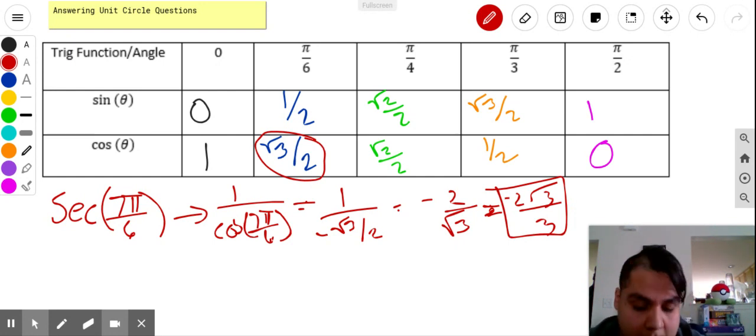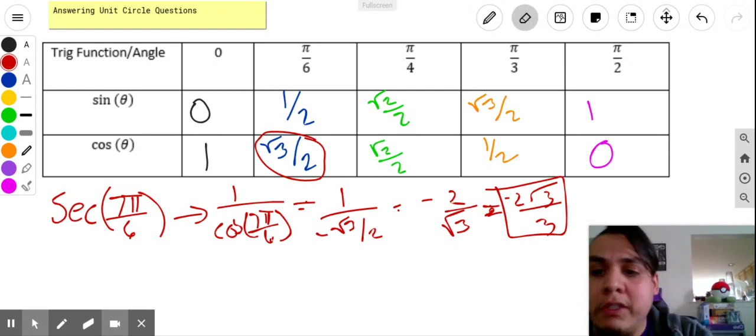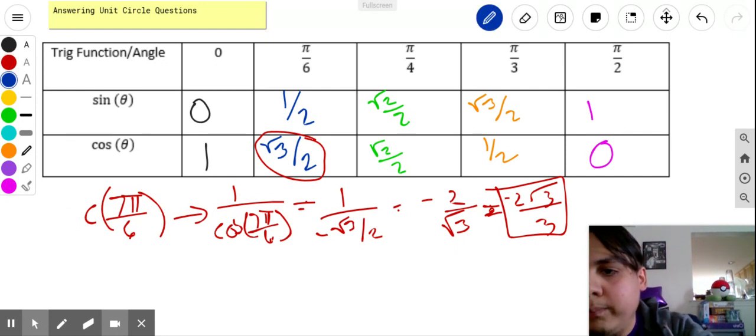If instead it was cosecant instead of secant, the only thing I would do is just change the ratio. So let's say same thing, but now it's cosecant.